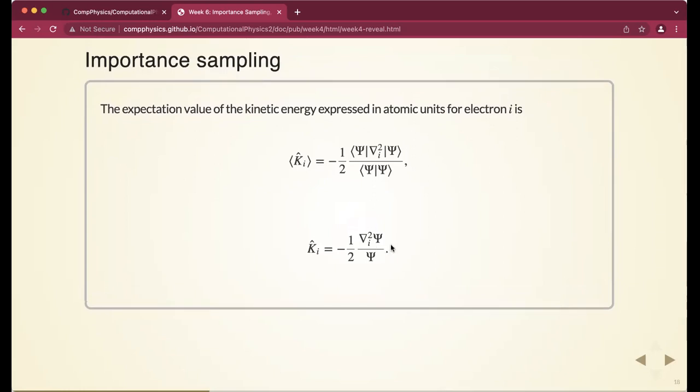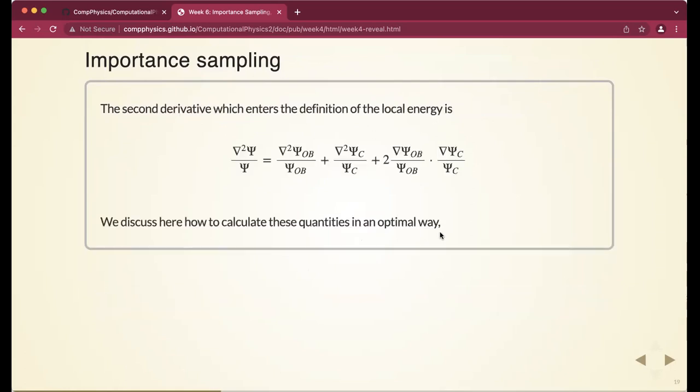If you move one particle at a time, then you need only to update it for one particle. There are simplifications which can be made depending on the analytical form of your trial wave function. When you look at the second derivative, again, you need some additional terms. You will have the second derivative of the wave function for the one body part, plus the second derivative for this correlated part.